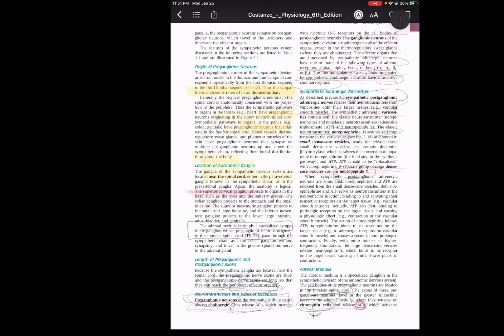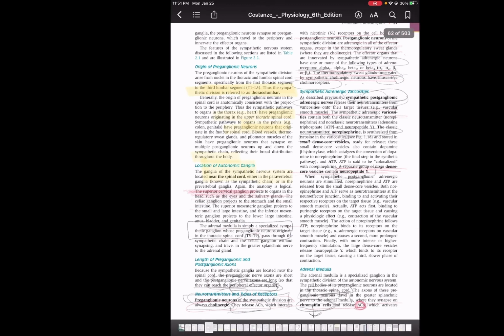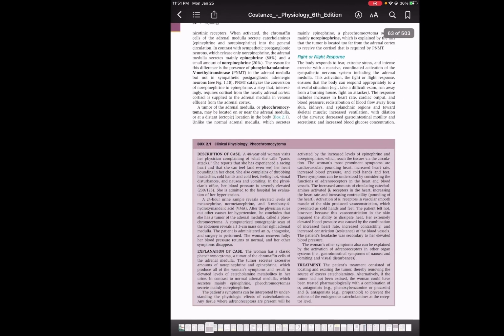Always remember, if they ever ask you what cells release acetylcholine, that is chromaffin cells. And further they activate nicotinic receptors.